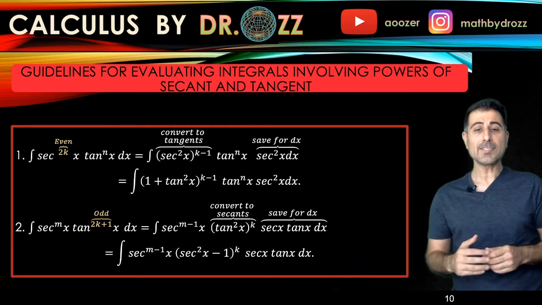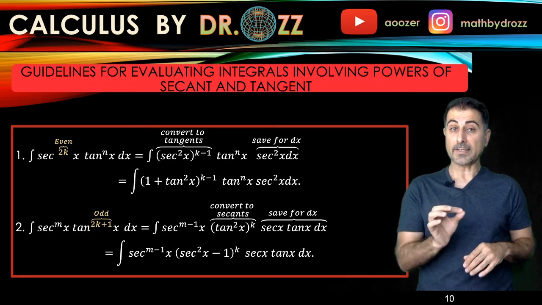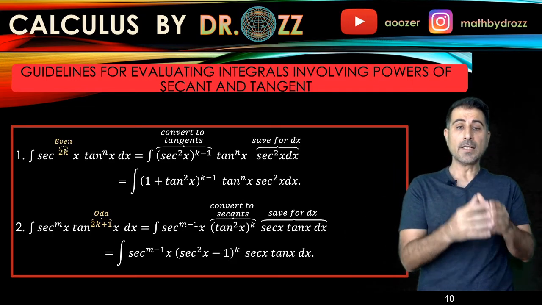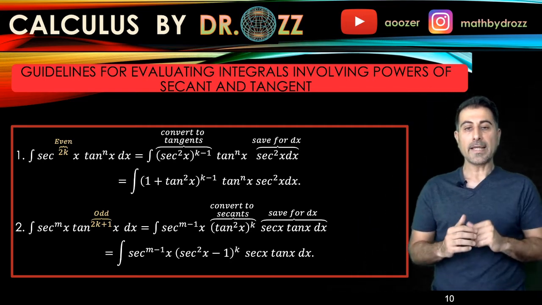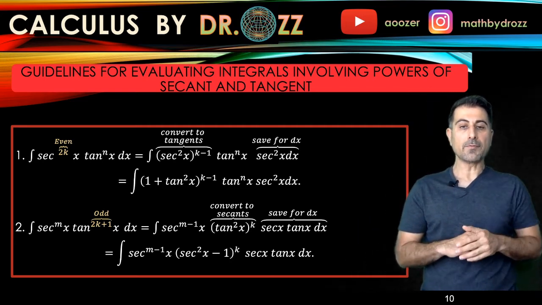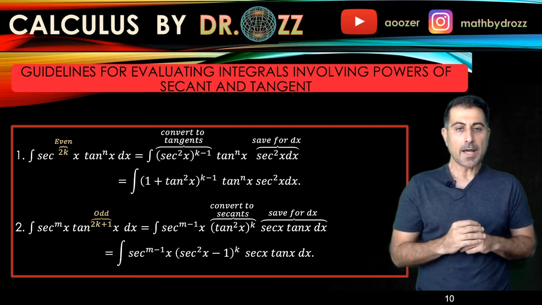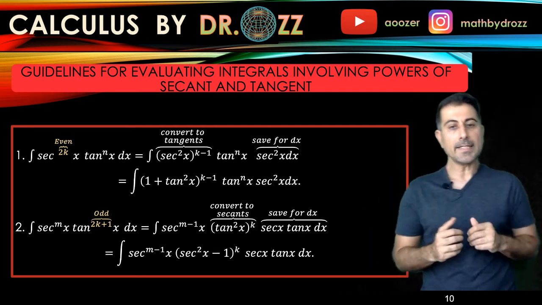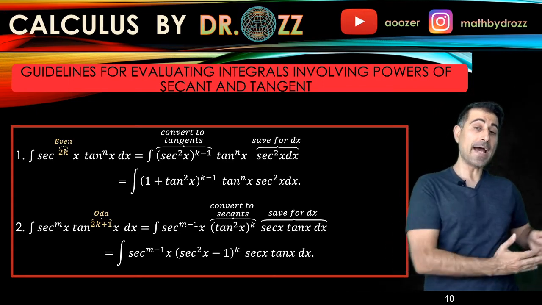In that case, you're going to reserve not just tan, but secant as well for dx. So secant tan is reserved for dx. With the leftover terms, you have tan squared raised to a power of k in this case. So I'm going to play with tan squared by using the Pythagorean identity, replacing it by secant squared minus 1.